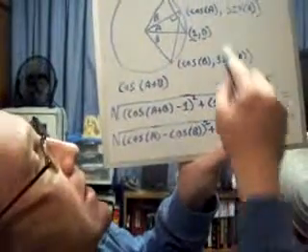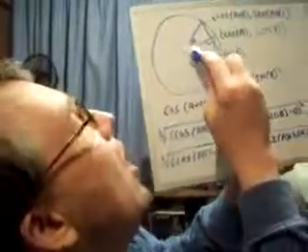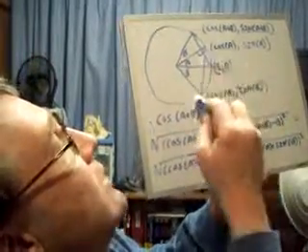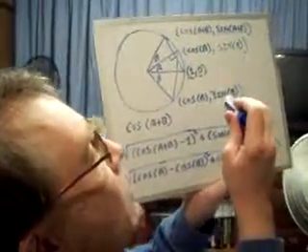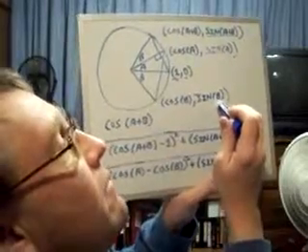The sine of A comes from right here. Now then, here's the key. Anything below this horizontal axis over here is negative. So this is actually the negative sine of B.